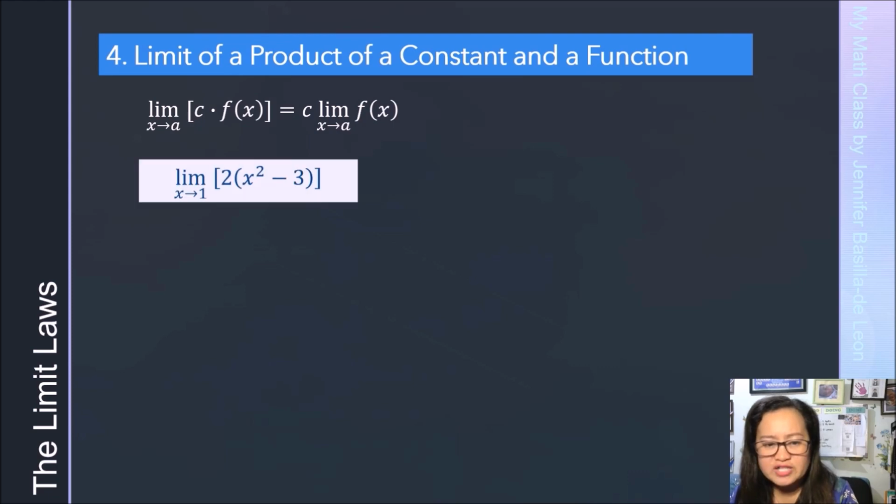For example, we have the limit of 2 times the quantity x squared minus 3 as x approaches 1. We can have 2 times the limit of x squared minus 3 as x approaches 1. We copy 2, then evaluate the given function at x equals 1.